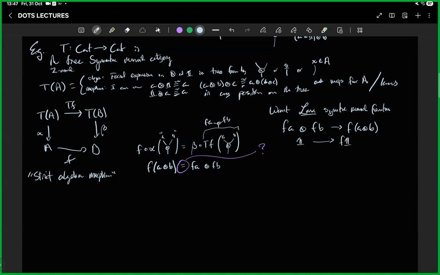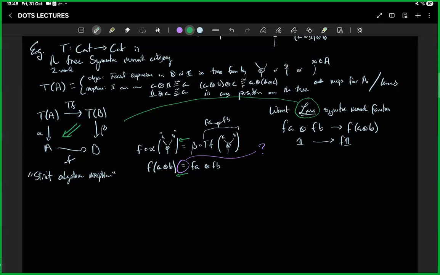In terms of this diagram over on the left, lax here will mean we want f of a tensor f of b to go into f of a. So we're going to put a 2-cell here, a natural transformation like this, and that replaces this with a map the other way around. That is, we have a map from beta of T of f into f of alpha.